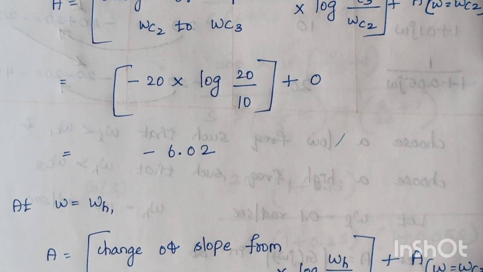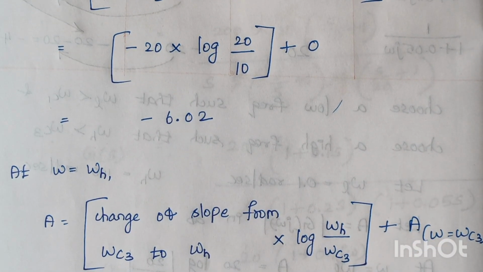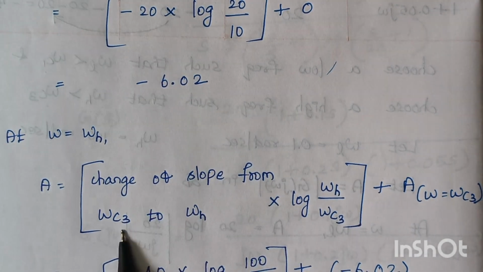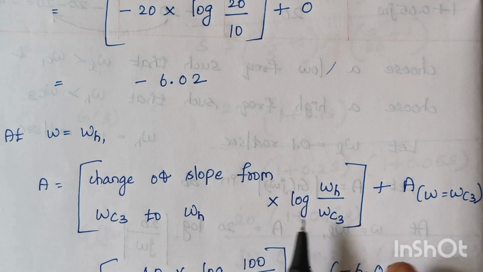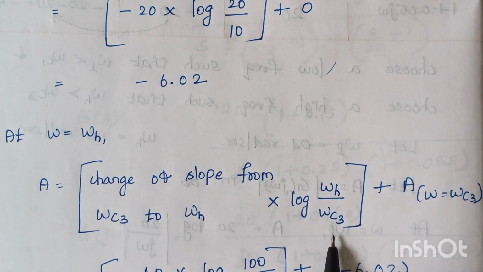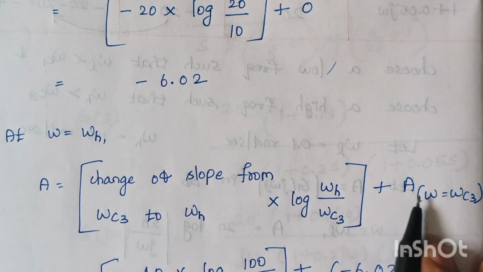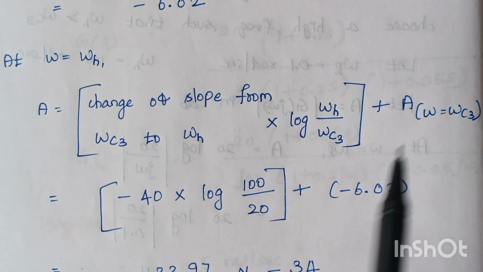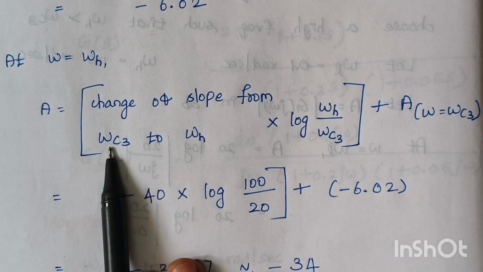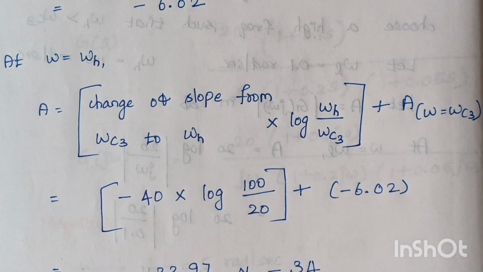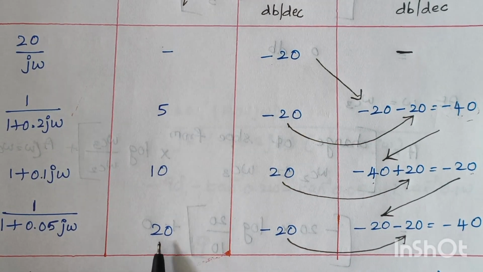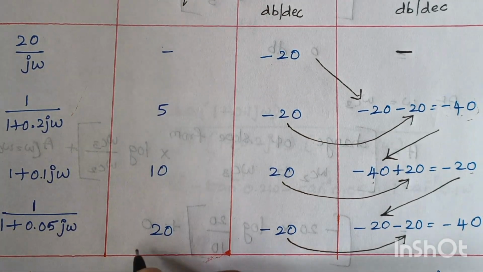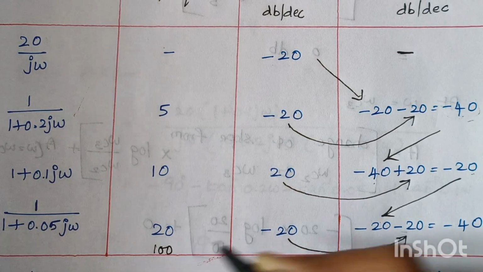And the next thing is at omega equal to omega h. So again the formula is change of slope from omega C3 to omega h into log of omega h by omega C3 plus again the value of A when omega equal to omega C3. So here, change of slope from omega C3 to omega h, again you have to look back. So this is my omega C3, right? So from omega C3 to what is omega h? It is 100, right?